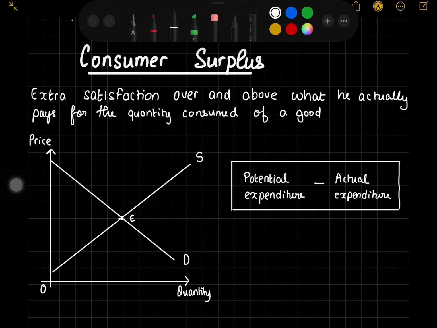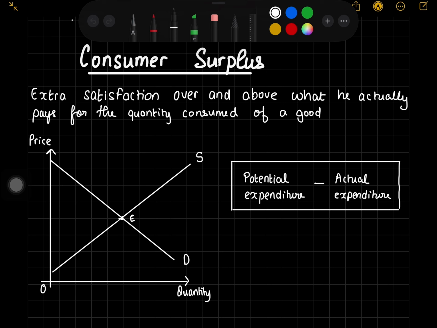Alright? Now, the maximum that a consumer is willing to pay for the good is, in fact, the demand curve. While what he actually pays for the good is the market price where the equilibrium is obtained. Let's look at the diagram and identify further what is the maximum he is willing to pay and what is the actual he is paying.